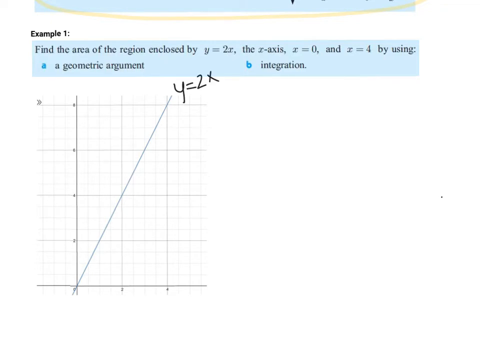You can see that it's a linear function going through the origin, with a slope of 2. So we've got the function y equals 2x, we've got our x-axis down at the bottom, and we're looking between the vertical lines when x equals 0 and when x equals 4.